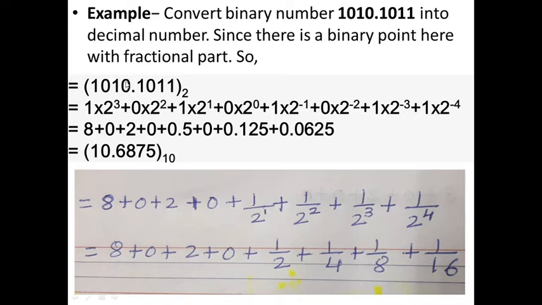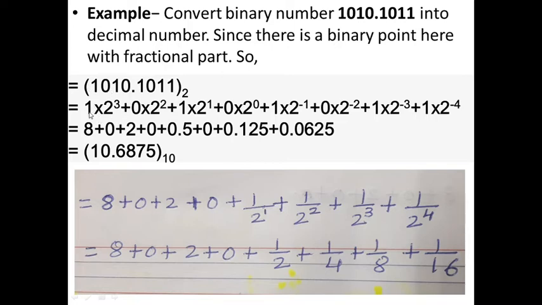You know that this is the LSB and this is the MSB of the integer part. So the weight here is 1, then 2, then 4, then 8. Here it becomes 2 raised to minus 1, 2 raised to minus 2, 2 raised to minus 3, minus 4.